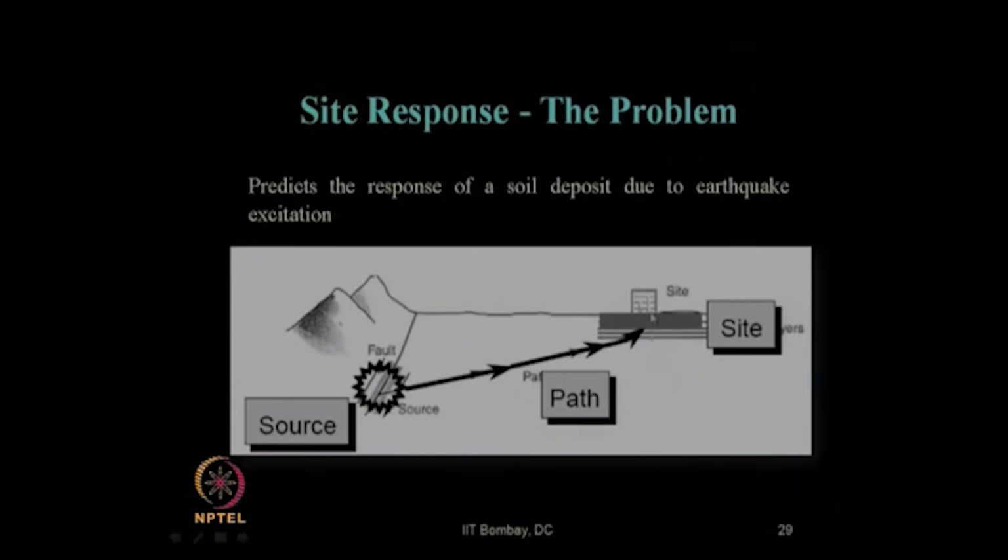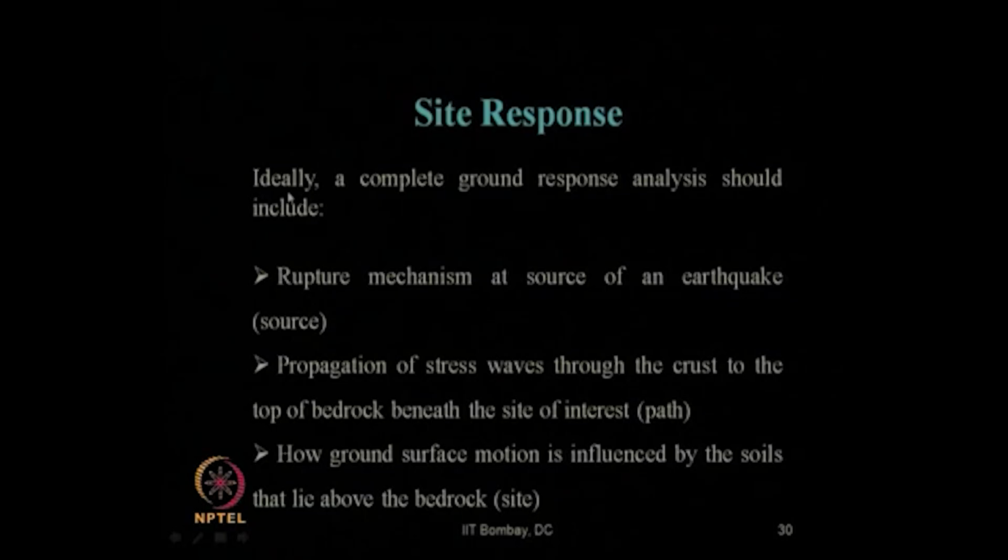Above it there will be a soil layer. Then after passing through the soil, those seismic waves finally will affect the ground and the structures constructed on that ground. That is why we said source, path and site, all these 3 should ideally be considered.